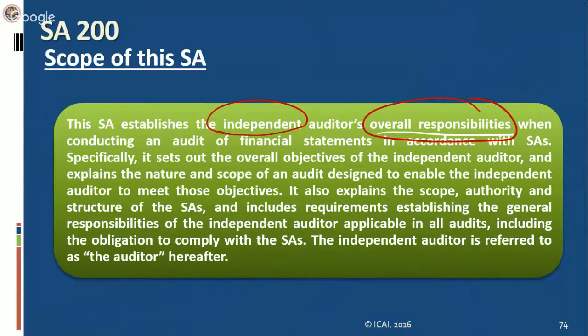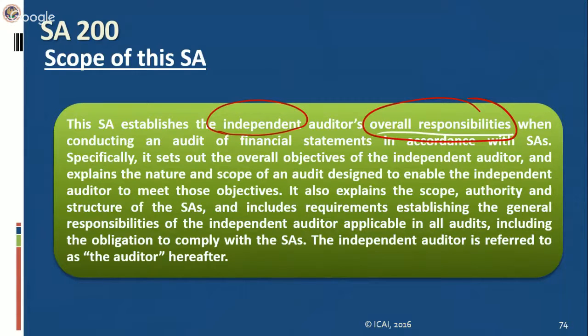If I want a neutral, independent, clear, unbiased opinion, then my auditor should be independent. He must not only be independent, he must appear to be an independent person. So this SA establishes the independent auditor's responsibilities. The word independent is very important.